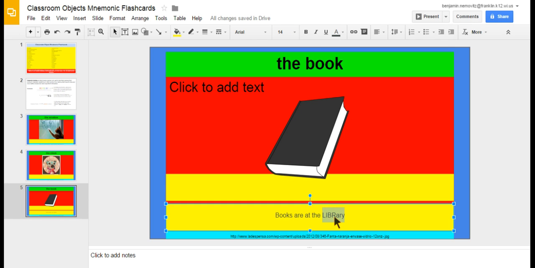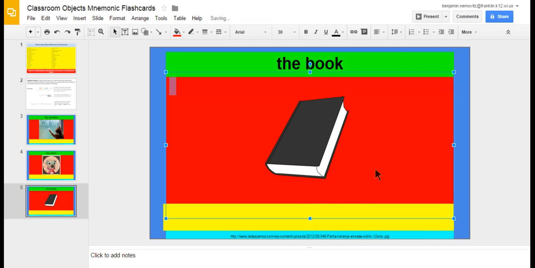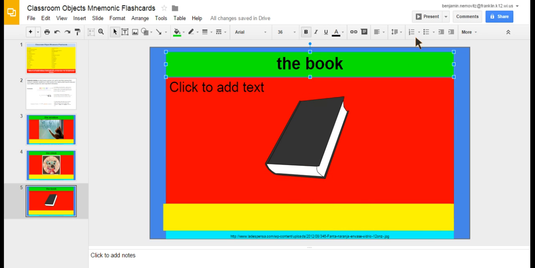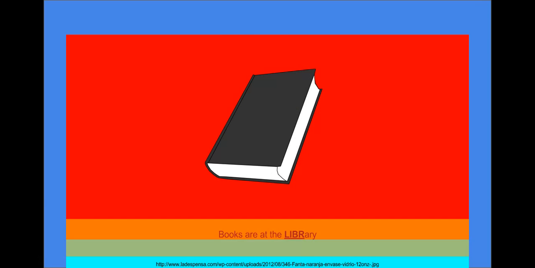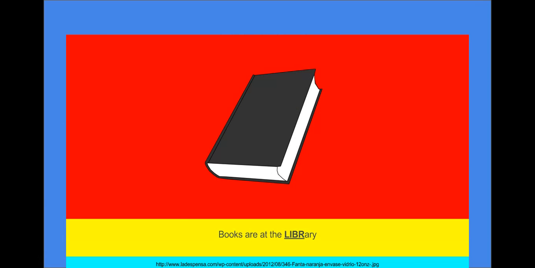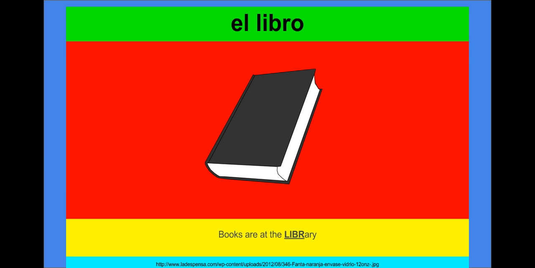So then maybe this portion right here needs to be bolded and underlined. And now I'm going to move this back down. When everything is said and done, this one's done, no problem. So what we're going to do is present it. And you now have your new slide. The book. Books are at the library. So it must be something like library, el libro.